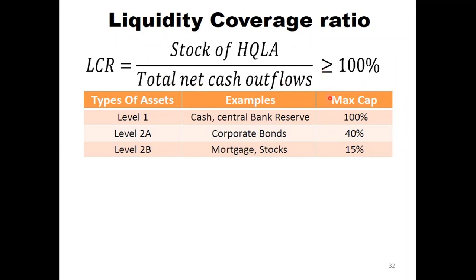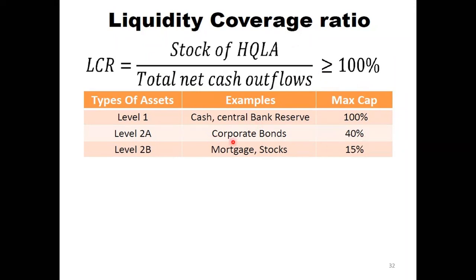In addition to that, they can keep 40% for corporate bonds and 50% for mortgage stocks. The corporate bonds come under level 2A. It takes a little time to convert into cash. And level 2B is mortgages and stocks. It also takes more time than the level 2A class of assets.